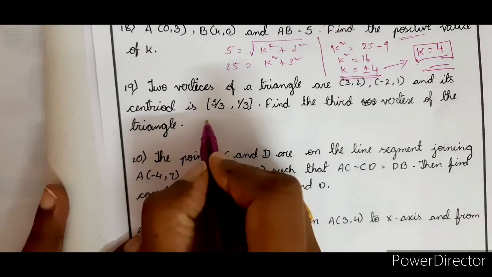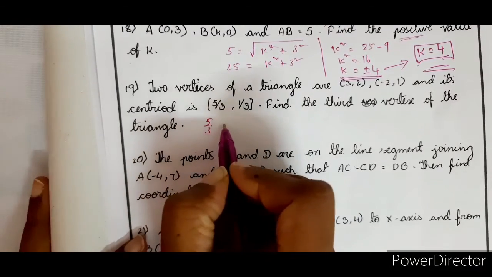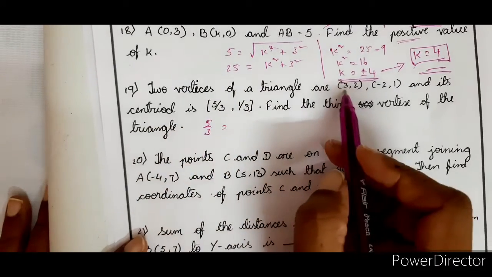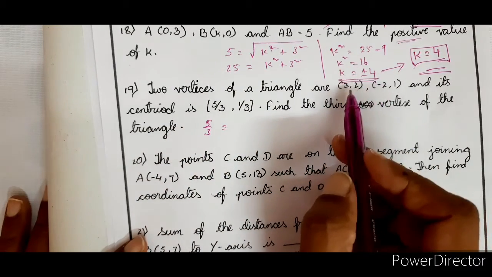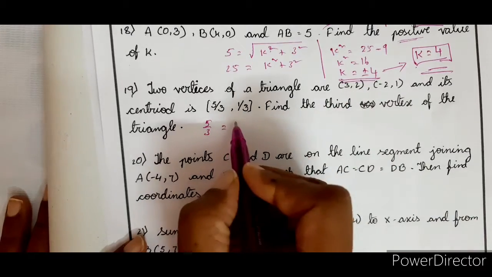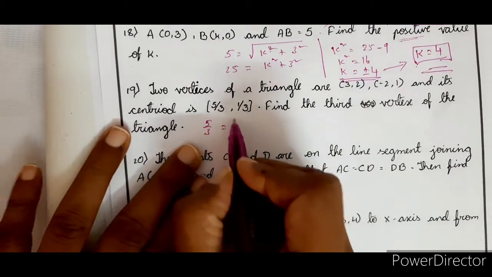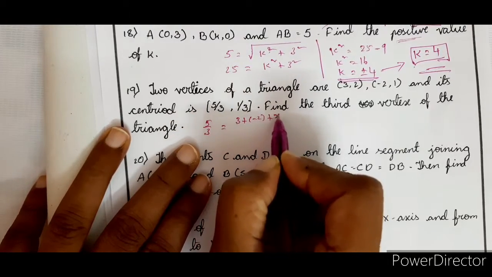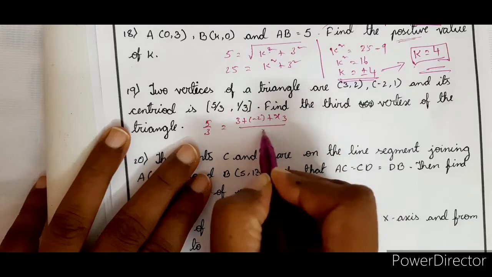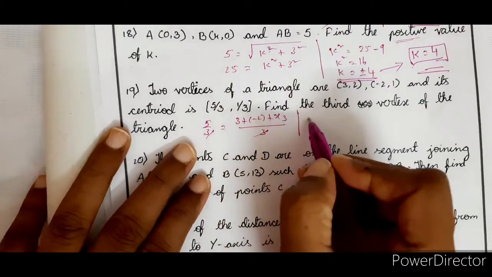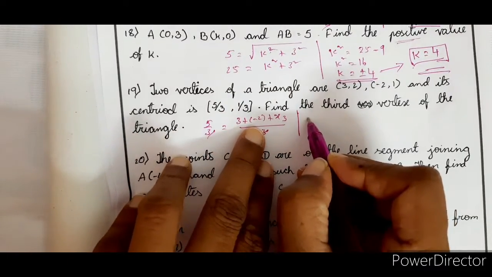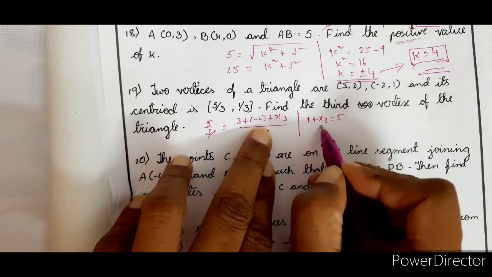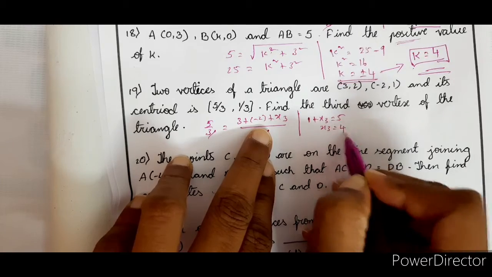So directly I can solve it as 5 by 3. Right, which is equal to, why? Because centroid x comma y is equal to x1 plus x2 plus x3 by 3, right? So therefore I am finding the x coordinate first. 5 by 3 is equal to 3 plus minus 2 plus the unknown one, x3, by 3. 3 will get cancelled. So therefore now 3 plus minus 2, that is 3 minus 2, is 1. So 1 plus x3 is equal to 5, or x3 is equal to 4.